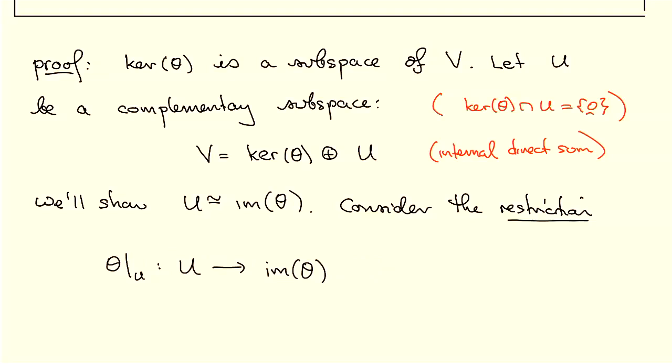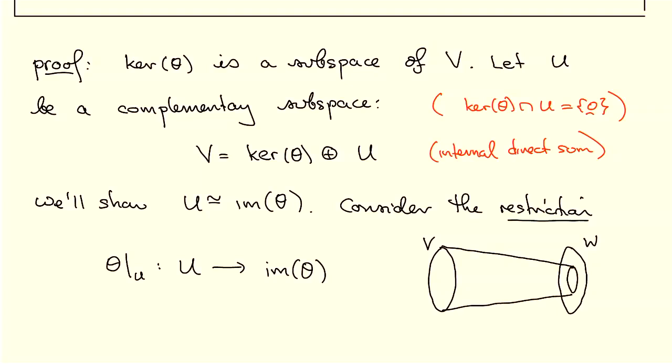So let's draw a little picture of what's going on here, just so we all understand. Here was V, here was W somewhere over here. We had our map theta taking us from V to W. Theta maybe mapped this all down. It wasn't necessarily surjective. Maybe I'll make that a little bit bigger. That in there is the image of theta. So theta's going across there.